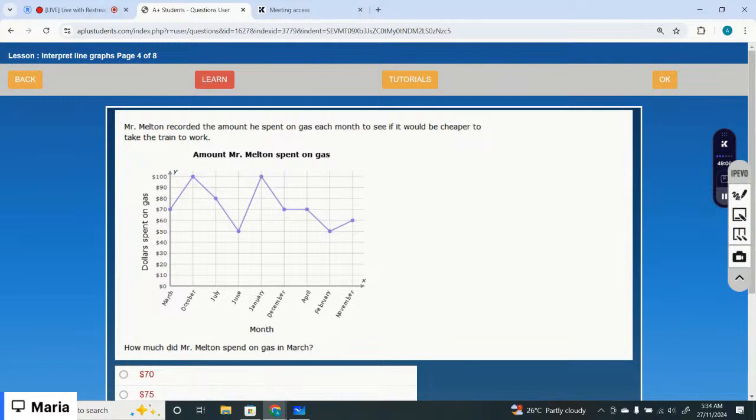Mr. Melton recorded the amount he spent on gas each month to see if it could be cheaper to take the train to work.